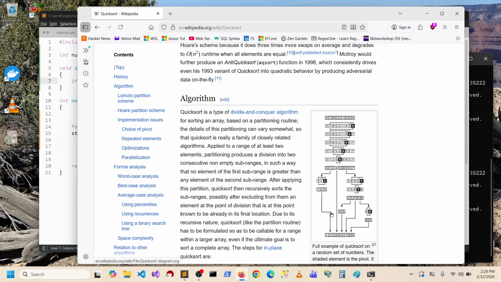You can take the middle, you can take the beginning, you can take a random one. I think I'm just going to take the first number. Because if I remember reading right, there was no evidence that anything other than the first one was any better than just picking the first one.